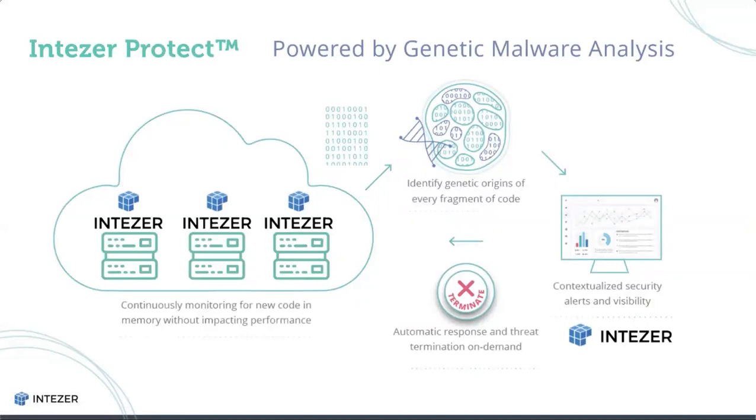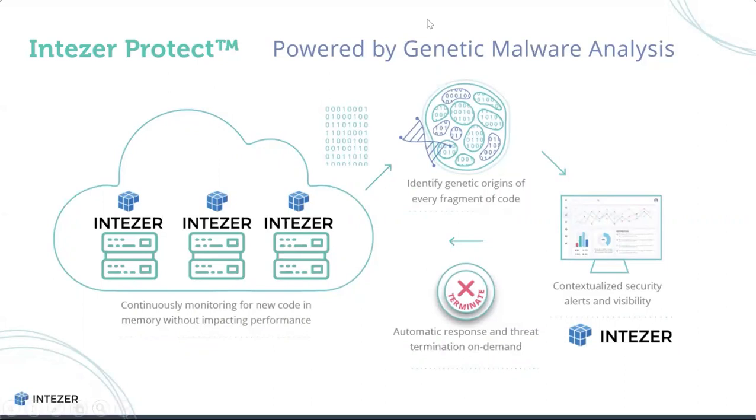So whenever we see new code being executed, we send it to analysis in our cloud system, analyze the code, and based on classification, provide you with either just visibility to the trusted code which is currently running, or an alert about malicious code which is running, or just unknown or unauthorized code which is suddenly running in the organization. This really provides unprecedented visibility and alerting capabilities on Linux infrastructures.